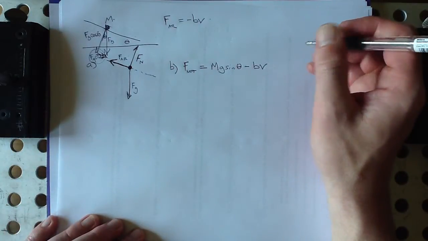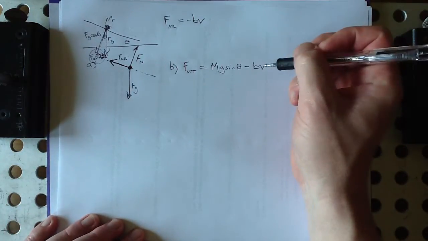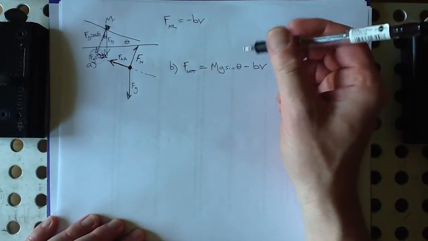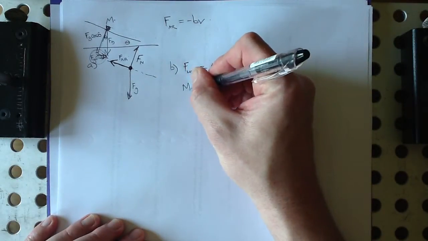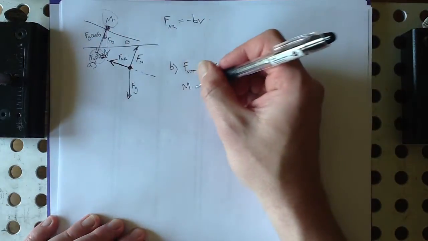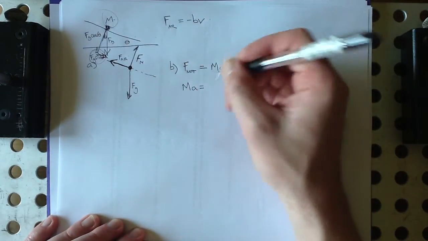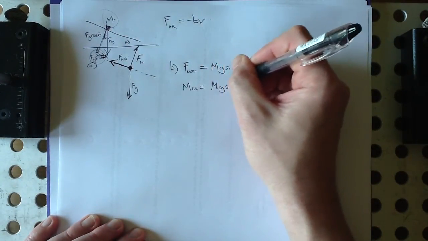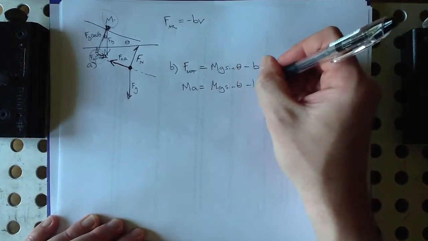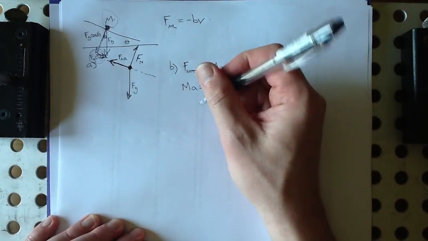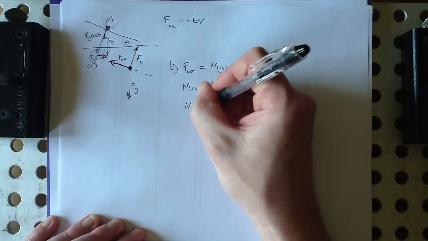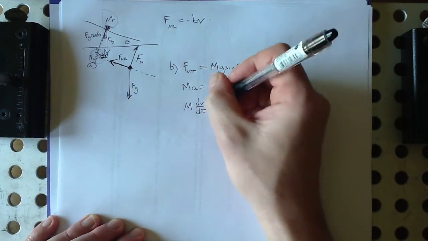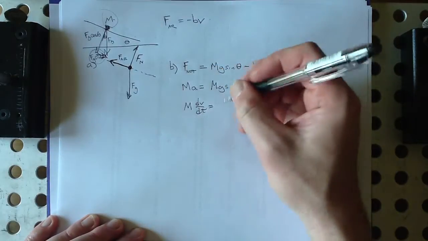Alright, now they want a differential equation that could be solved to find the velocity. So let's see. This is mass, again capital M because they used capital M. So Ma equals Mg sine theta minus bv. So M times dv/dt, replacing acceleration with the derivative of velocity.